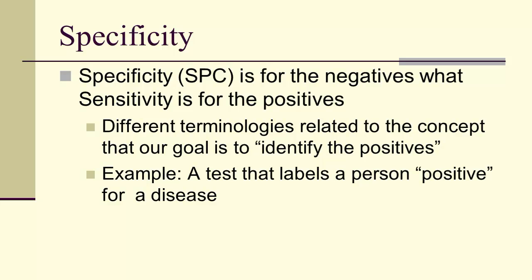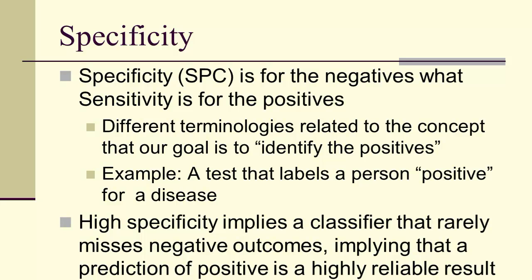Specificity is for the negatives what sensitivity is for the positives. And the reason we have different terminologies is because this is related to the concept that our goal is to identify the positives. Positive for a disease, for example. So the idea is that there's a different impact for something being positive as being negative.